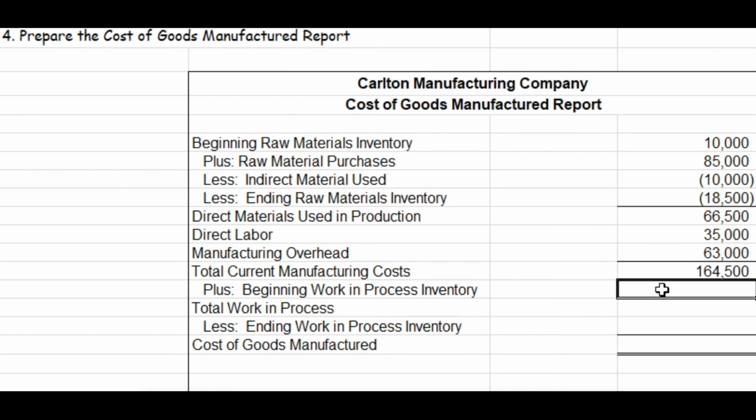Then we would have the beginning work in process, which was given. Then we would have the total in process, $194,500. Then we would have our ending inventory, which was the $20,000. And here we have cost of goods manufactured is $174,500, and this ties back to your T account.